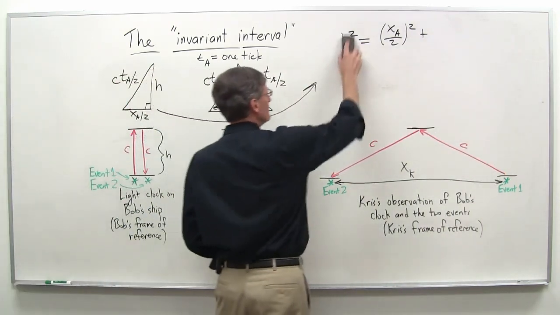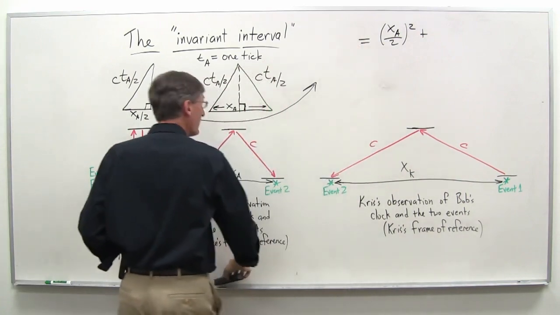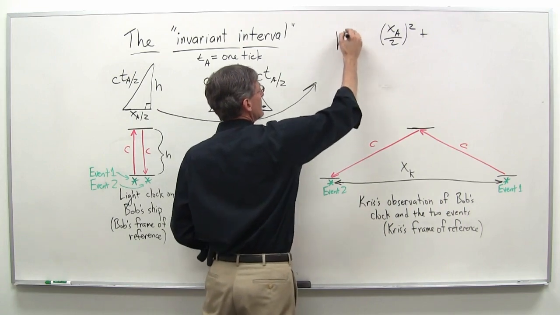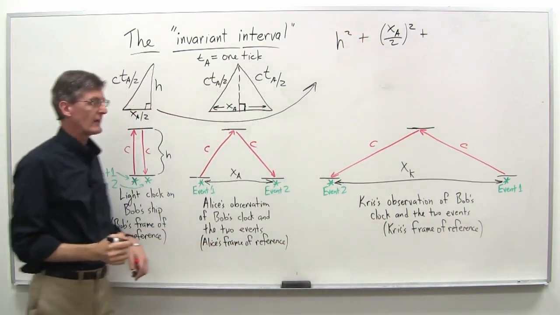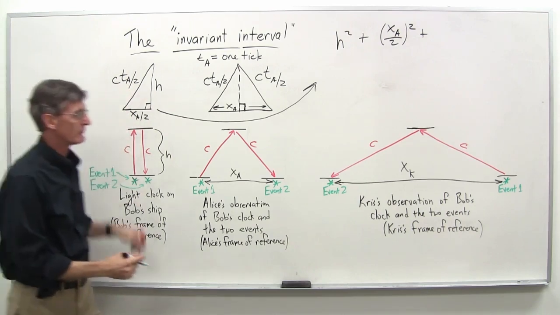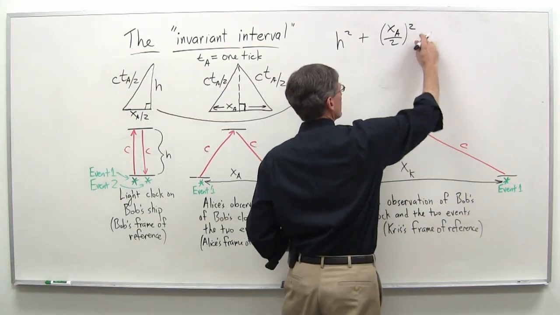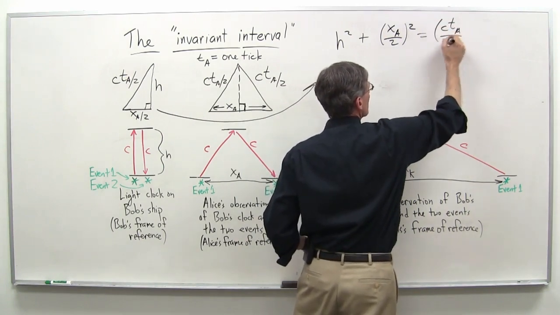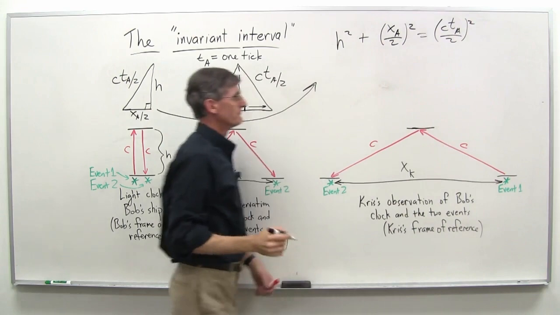Hope you caught that. Try this again here. So get rid of the equal sign. Let's do this. H squared plus xa over 2 squared equals the hypotenuse squared. Just got ahead of myself there. So equals hypotenuse c ta over 2 squared.